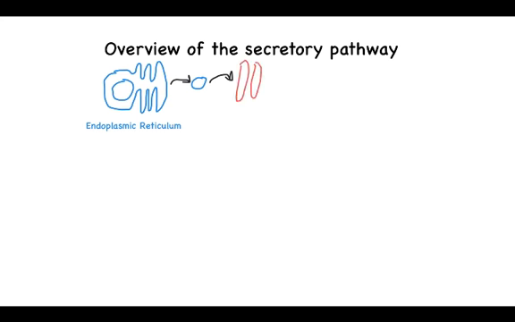Now, the Golgi apparatus is generally a stack of membrane cisternae, these kind of pancake-like compartments, where a number of other protein processing events occur. But the main function of the Golgi is to act as a hub for sorting proteins, for routing them to different locations within the cell.